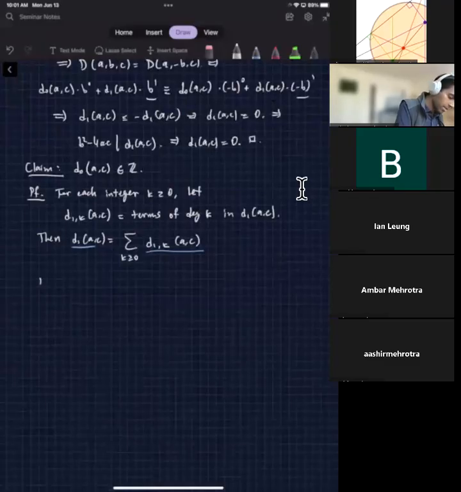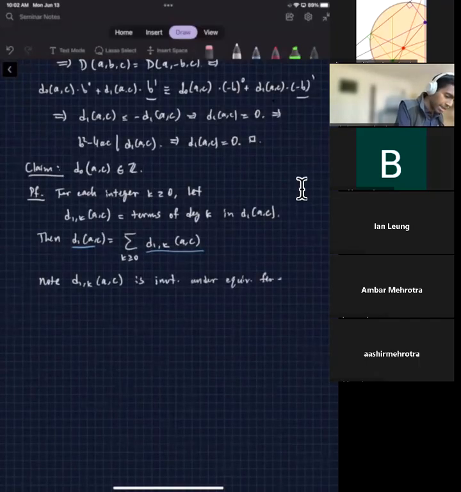And then we just note that d1k(a,c) is necessarily invariant under equivalence for each k. The reason is that equivalence is a linear transformation. Oh, sorry, yes. I've put ones everywhere. Oh, goodness.